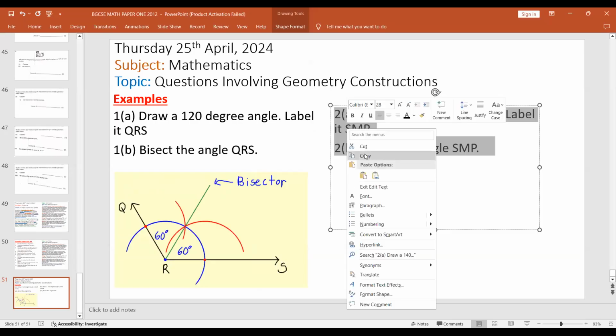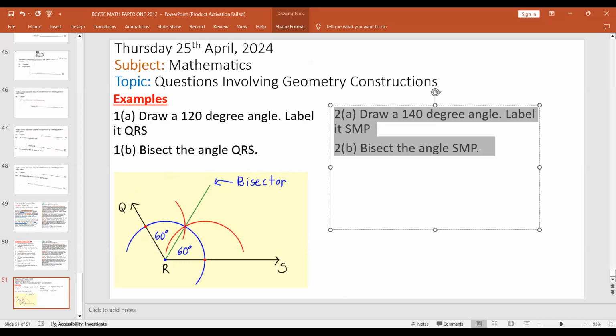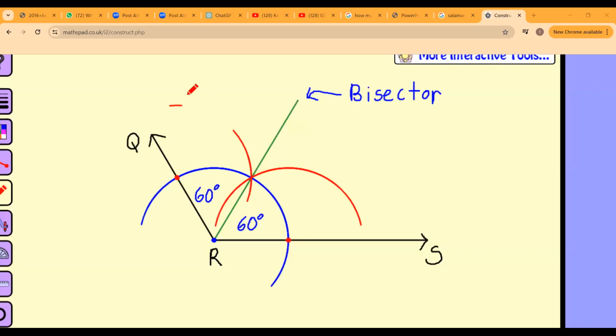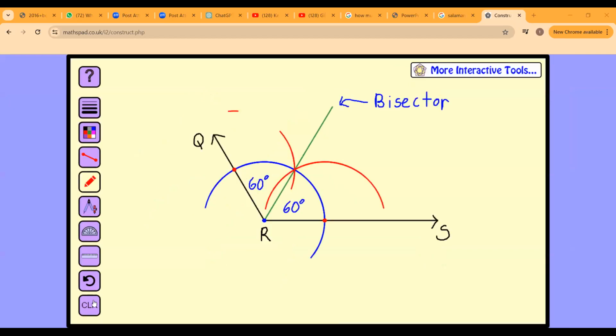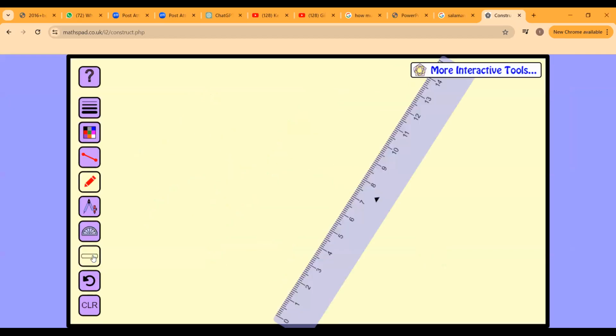Okay, so let's go ahead and construct this particular angle. We're gonna actually draw the angle and then we're going to bisect it. So we're gonna clear our drawings and let me restart this.